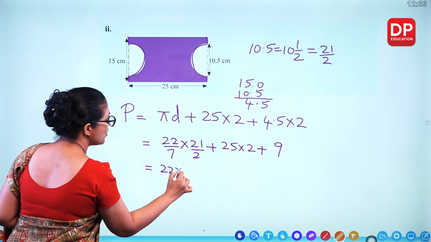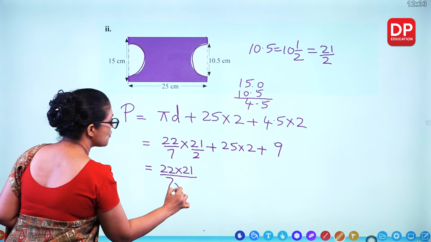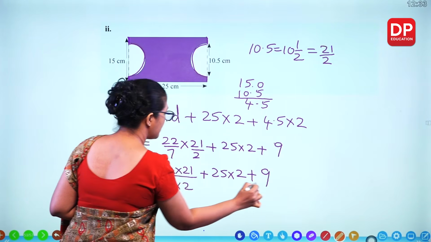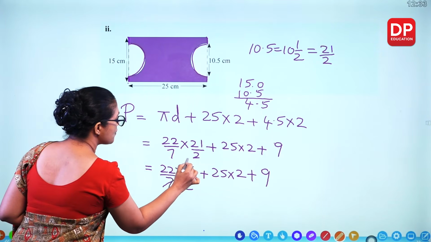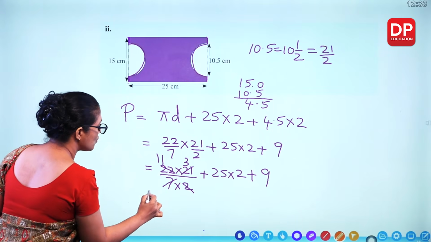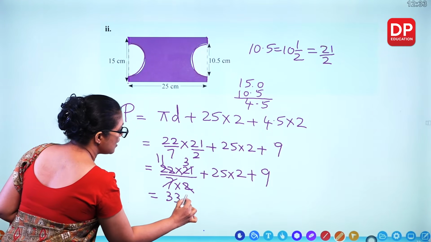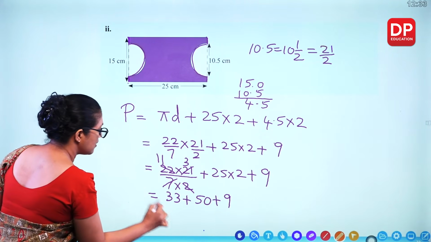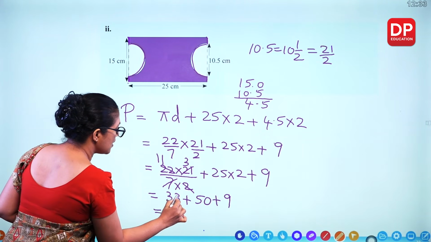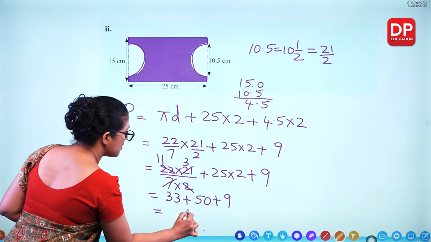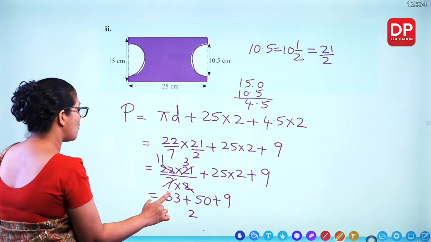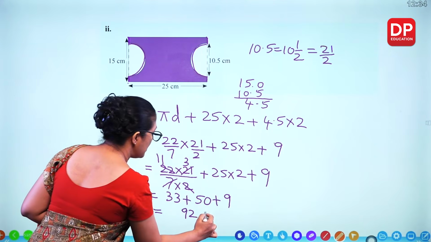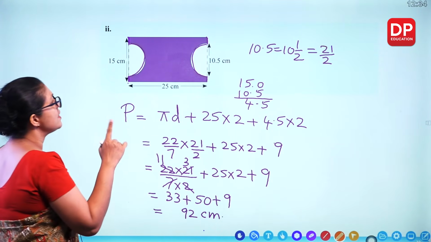Simplify here: 22 into 21 over 7 times 2, 25 times 2 here, and 9. 7 times 3, 2 times 11, so you get 33. 25 times 2, 50. And 9. What's the distance? 3, 9, 12. 1 remaining. So 92 centimeters is the perimeter of this figure.